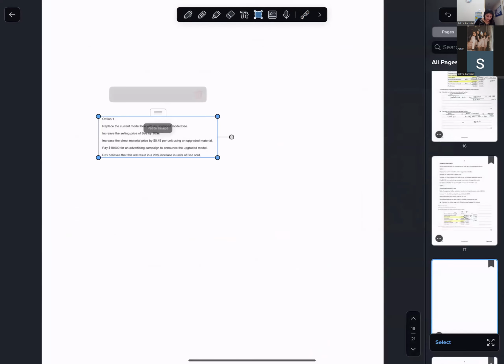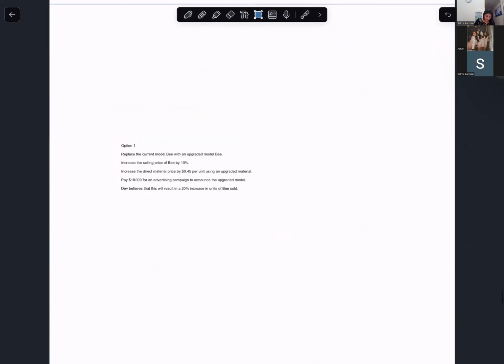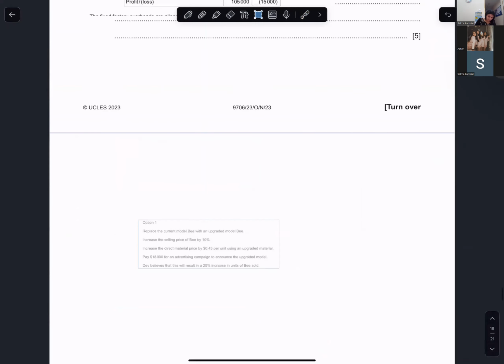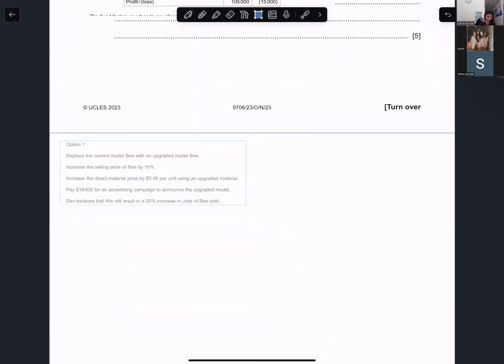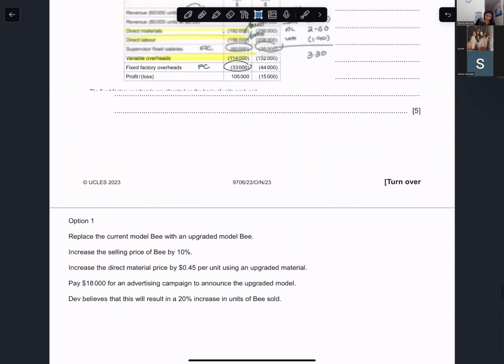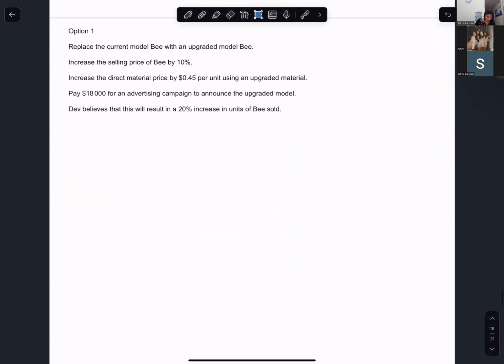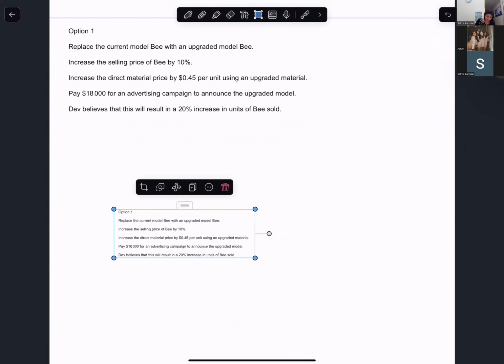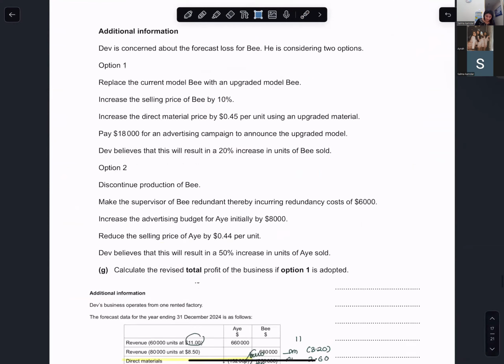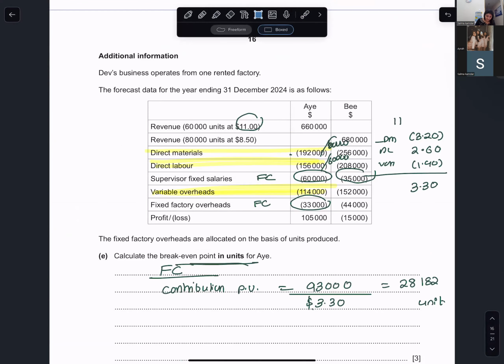Dave is concerned about the forecast loss for B. He is considering two options. So he wants to replace the current model with an upgraded model. So first is increasing the selling price by 10%.